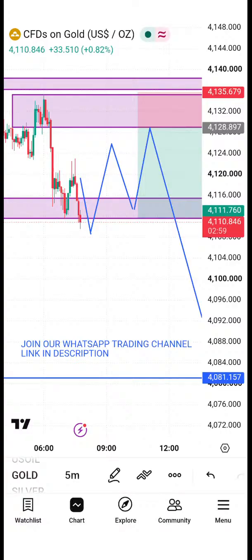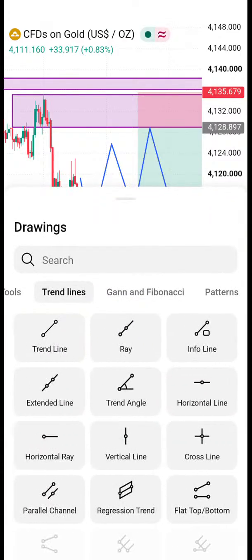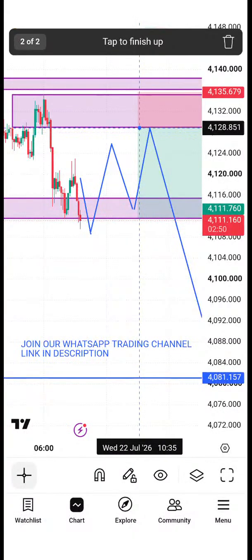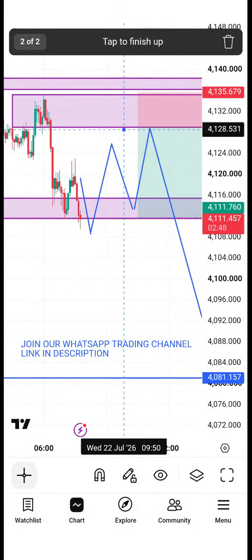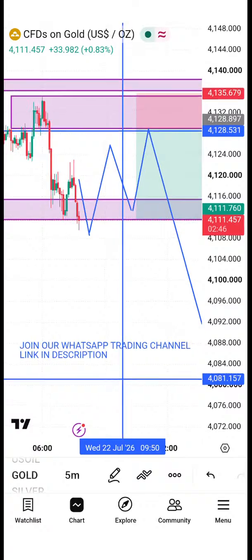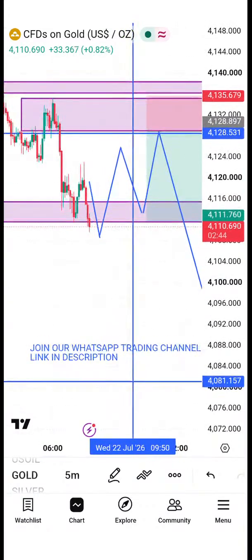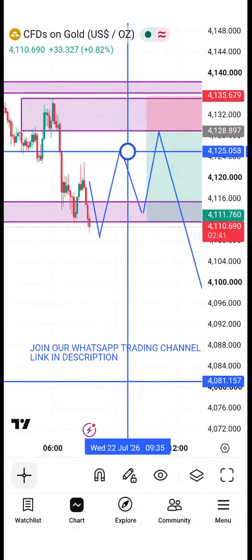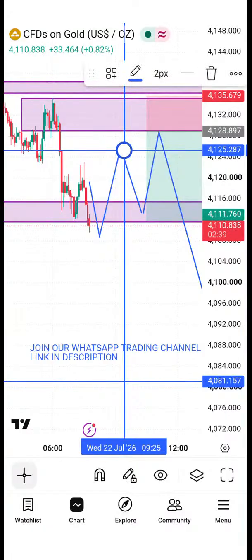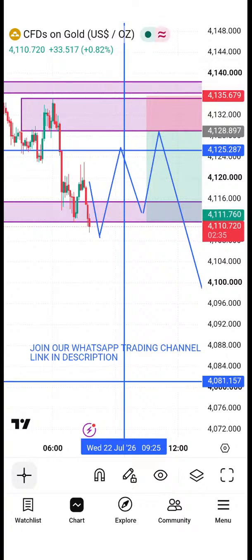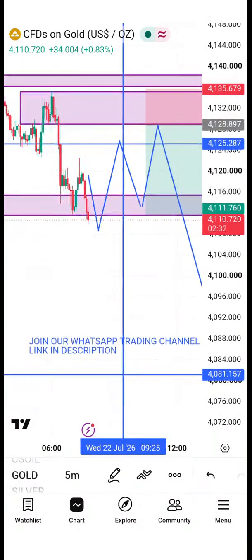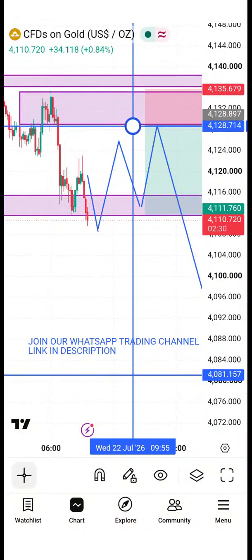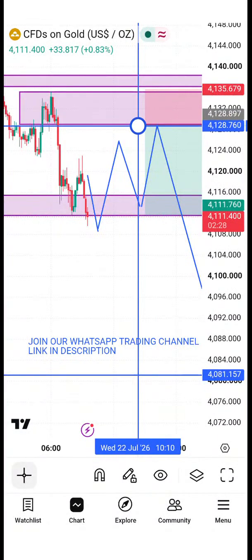So we have to patiently wait for it to come to our point of entry, which is 4128.897. That's where we want to look for a sell on gold.